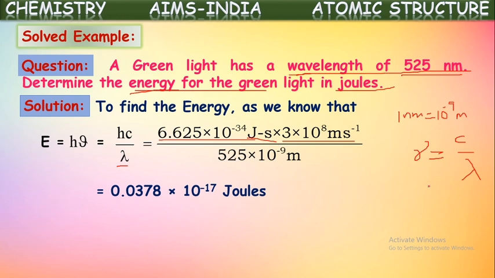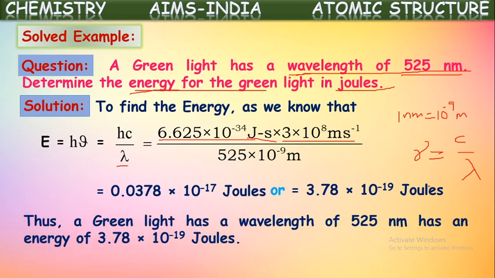In this way, by using these relations, we can find the unknown quantities from the known quantities. So here we found the energy in joules. Thus, a green light of wavelength 525 nanometers has an energy of 3.78 into 10 to the power of minus 19 joules.